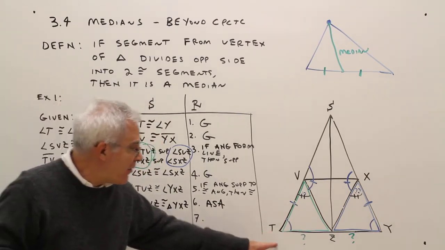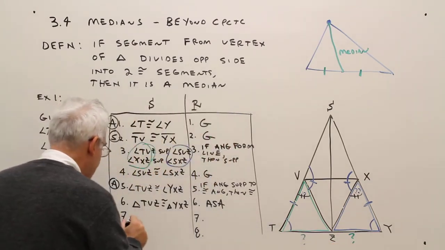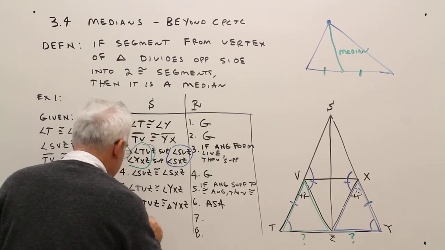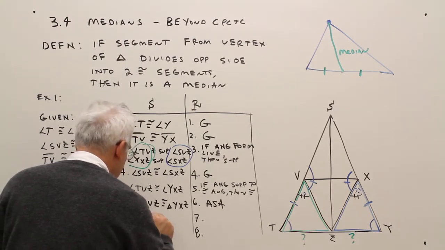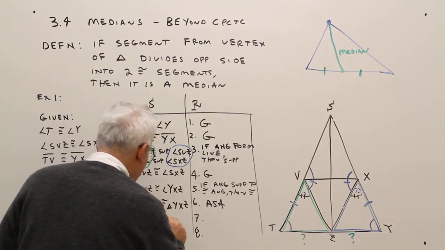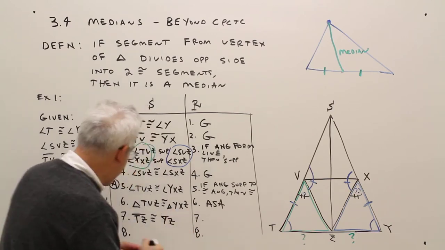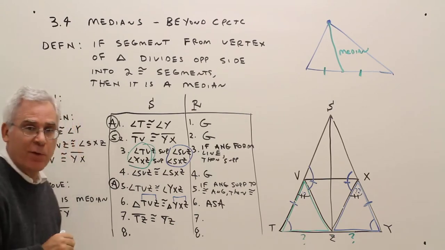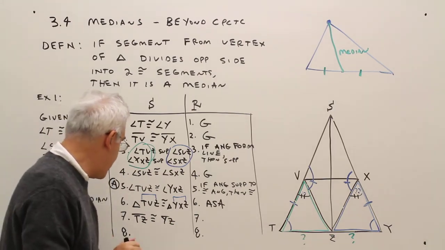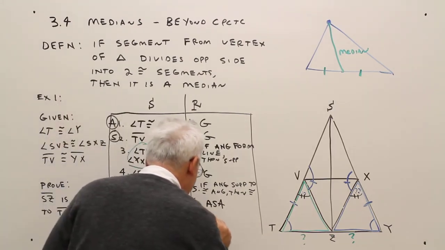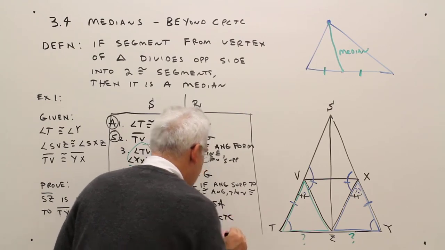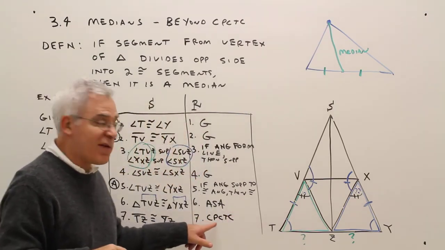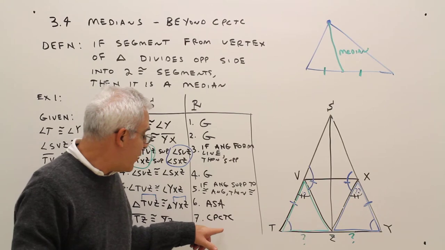Then I can get the parts that I ultimately wanted. So now I can get TZ to be congruent to YZ. I always do a quick check. TZ's first and last, YZ's first and last. Just helps me check my ordering. That was by CPCTC. Again, corresponding parts of congruent triangles are congruent.